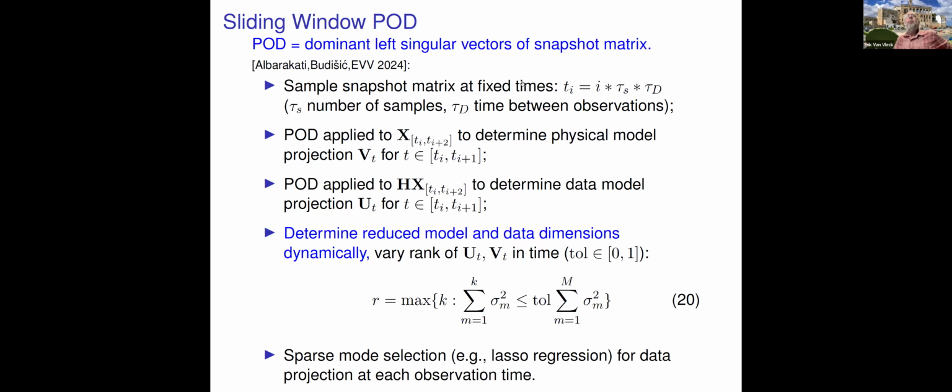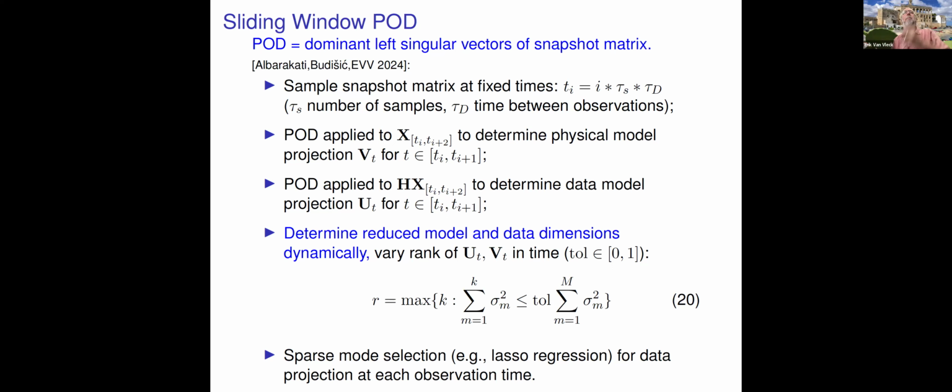This is the technique we use. The POD is based on proper orthogonal decomposition, the dominant left singular vectors of a matrix of snapshots. We sample at fixed times, these t_i. T_S is the number of samples, and tau_D is the time between observations.